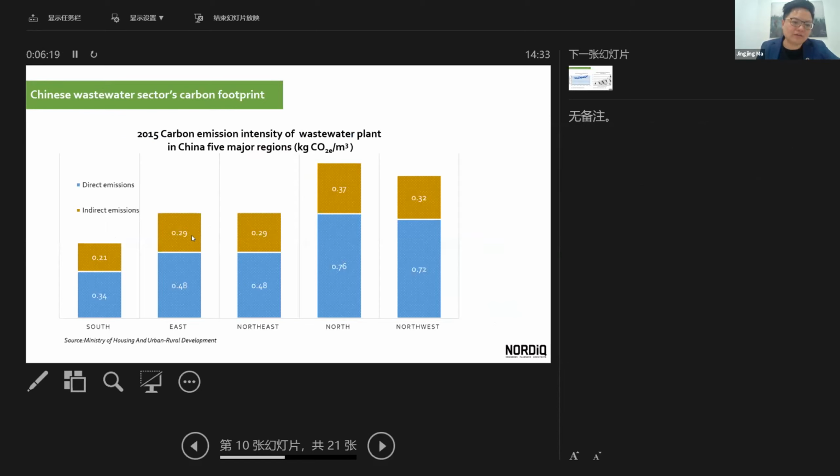We have also done a lot of research from 2001 to now, in the last 20 years, on how the Chinese direct emissions and indirect emissions from the wastewater sector have changed. This is the latest number we can get, and the analysis is by 2015.